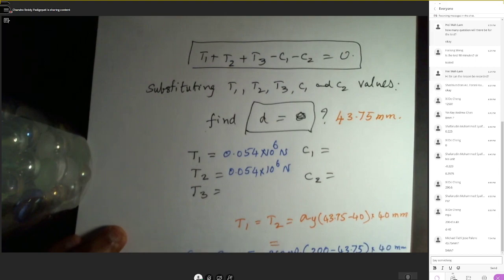So P3 will be 360 megapascals multiplied by 40 mm, 305 mm.